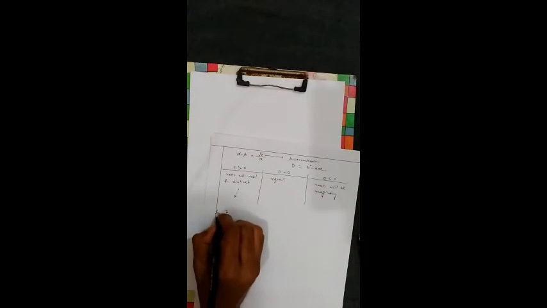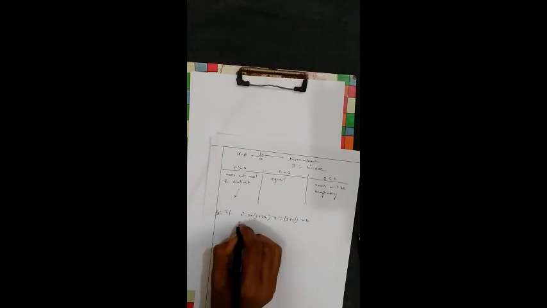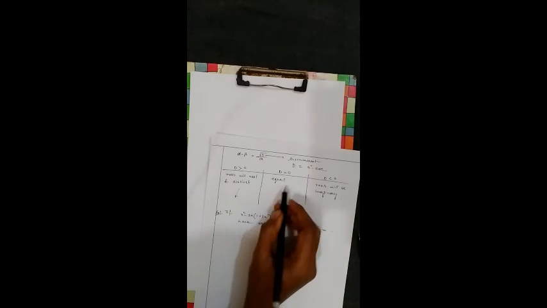Take some examples. Example 1: if x square minus 2x(1 plus 3m) plus 7(3 plus 2m) equal to 0 has equal roots, then find m. Equal roots means D is equal to 0. That means b square minus 4ac equal to 0.